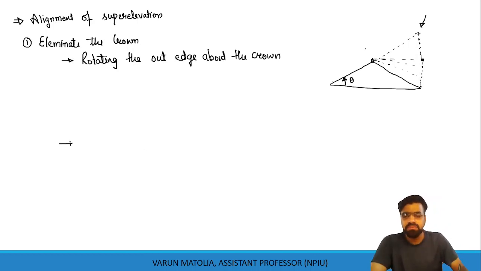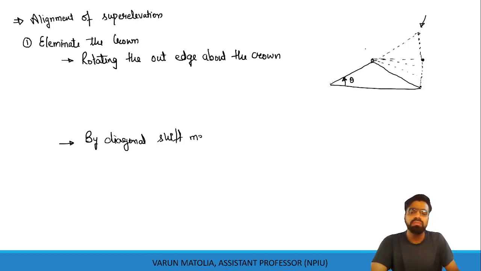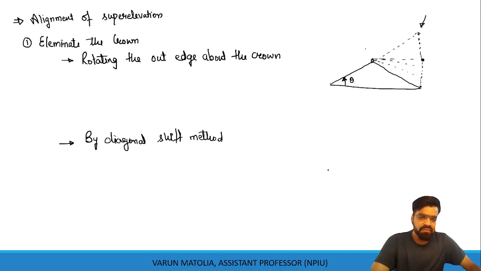The second method can be the diagonal shift. How does the diagonal shift method work? The same way, when the crown is here, with the transition we shift this crown from here to here.